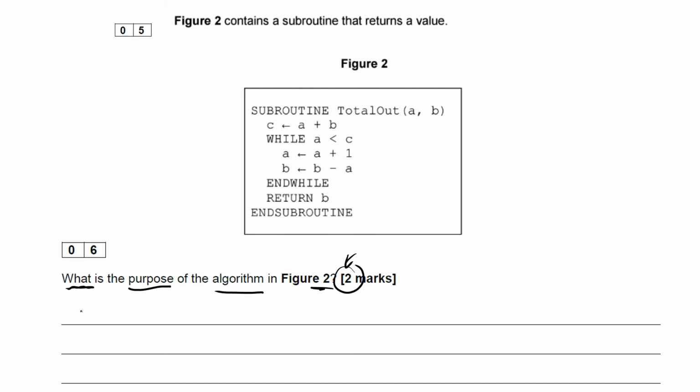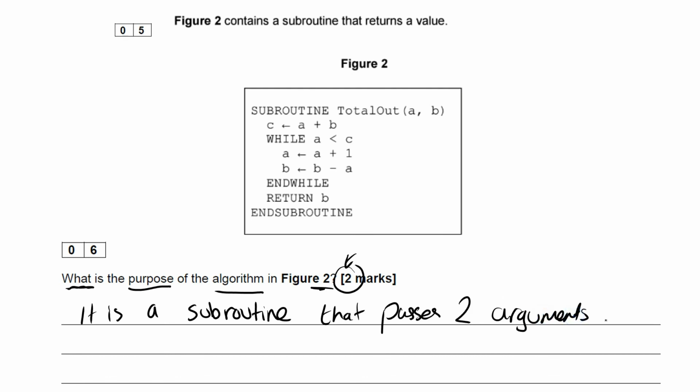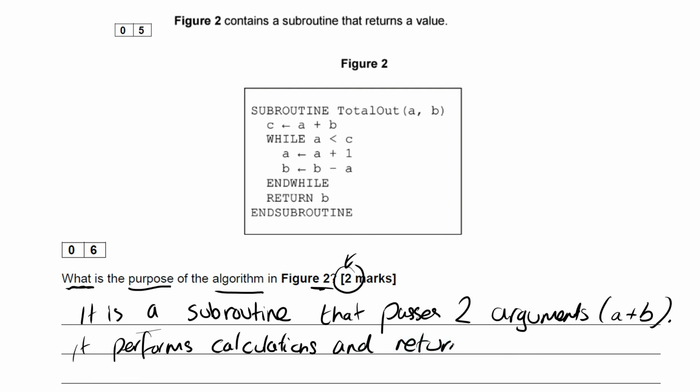It is a subroutine that passes 2 arguments, A and B. It then performs calculations and returns the value of B. So that's just 2 points to do with that algorithm, and I've said what the purpose is.